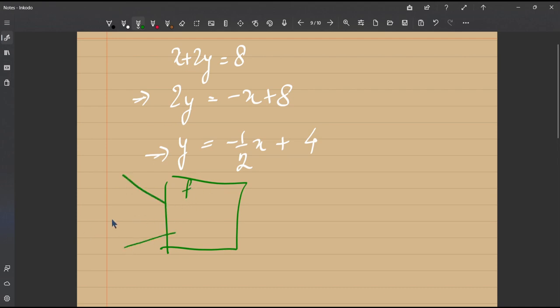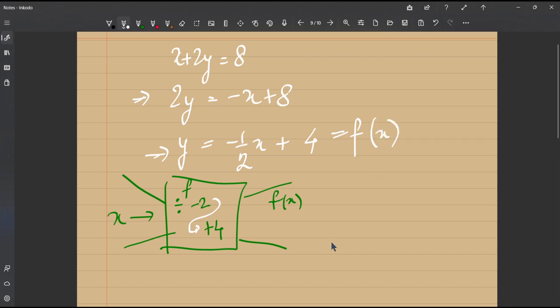It takes a value x, it multiplies it by negative 1 over 2, and then it adds 4 to it. So these are a couple of steps. And then it gives you the output as f of x, which we have written as y, but that's the output of the function. So can I not write this whole thing as f of x, to write this as a function? So this was the point of the video.